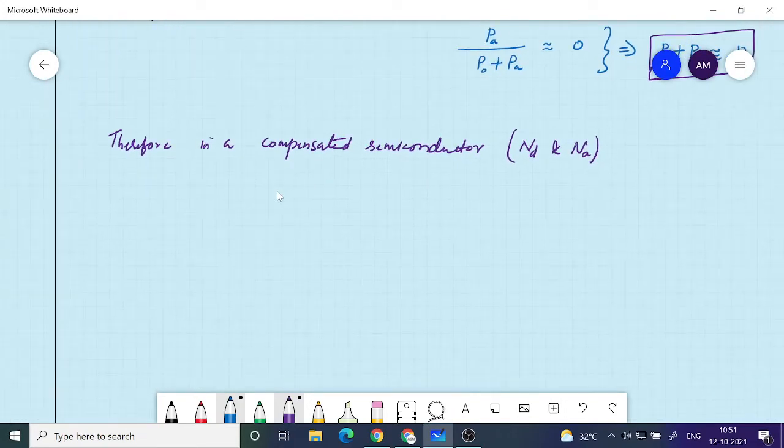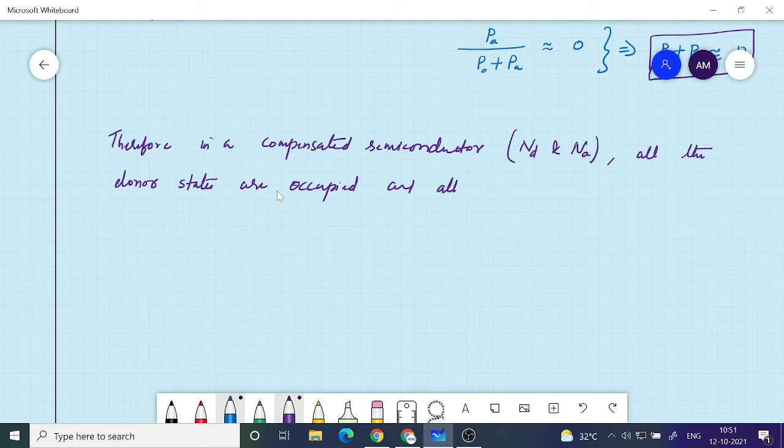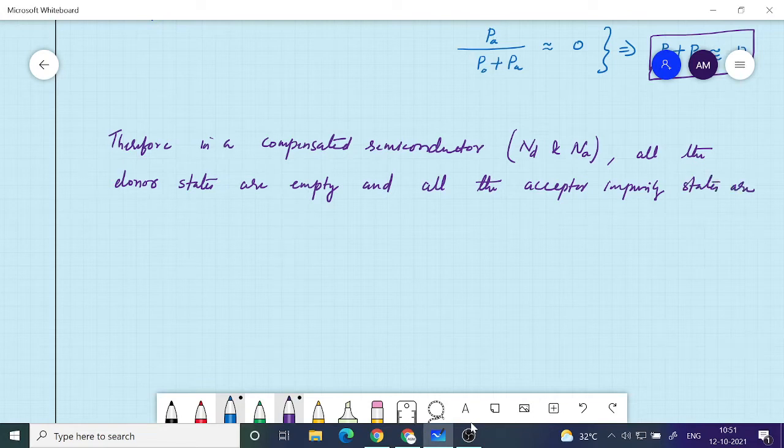So in a compensated semiconductor, all the donor impurity states are empty, unoccupied, and all the acceptor impurity states are occupied.